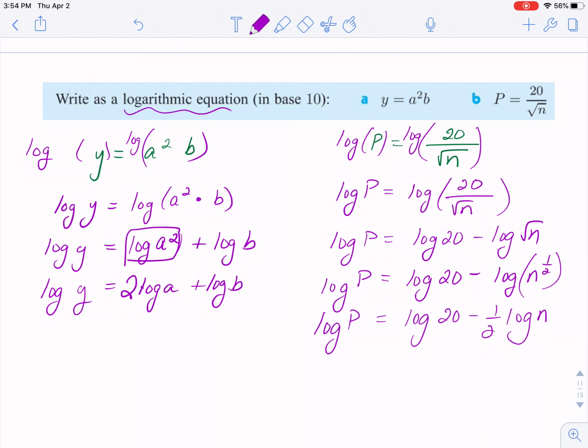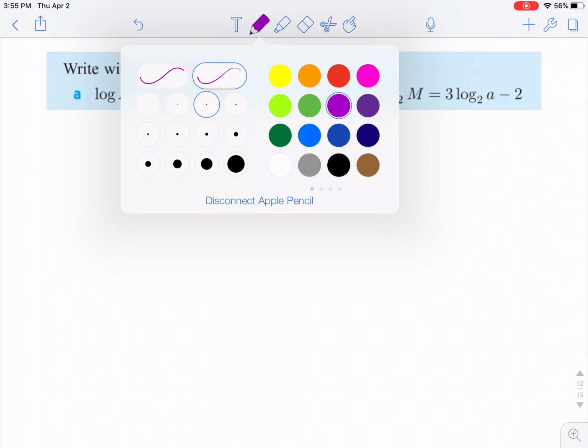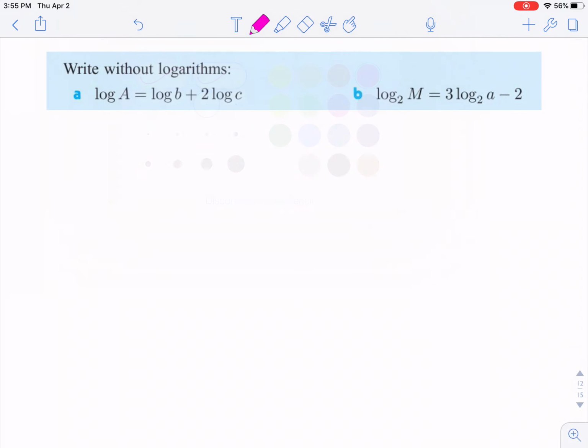Okay. Now we can also use our laws to actually do some solving. So if I write these without logarithms, let's choose a new color. Let's go pink. I'm going to simplify the right-hand side. I'm going to leave log of a for right now, and I'm going to leave log of b plus log of c squared.